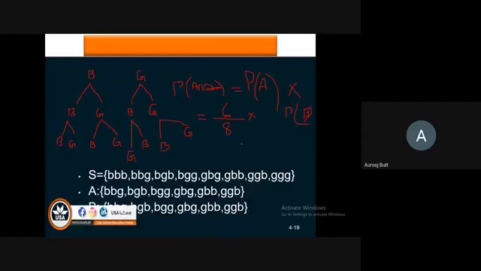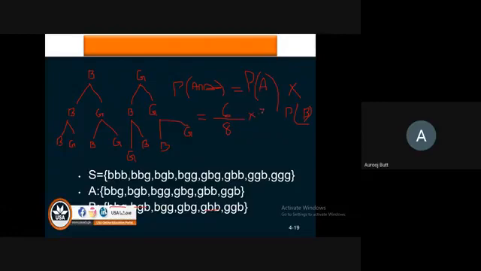At most one boy means maximum one boy. So how many sample points will be there in this case? We'll just have the case where this will not occur, not either this one, not either this one. So only 3 sample points are there where maximum one boy will occur.